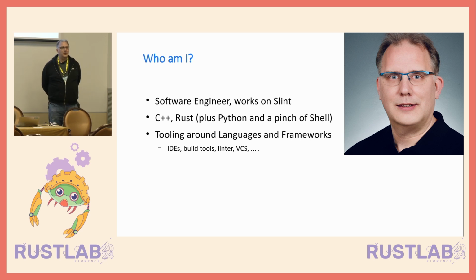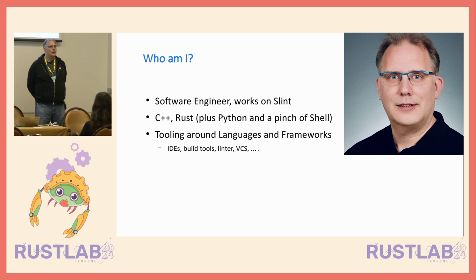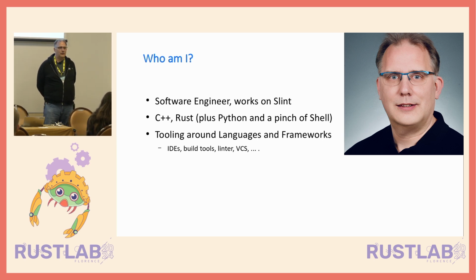I also do a bit of Python and a bit of shell scripting, whatever comes up, the usual thing that you do as a developer. And during my career, I've mostly worked on tooling. So tooling for C++ developers, so IDEs, build systems, build tools, linters, whatever. And that's what I'm still doing today. I'm responsible for the tooling that we have in Slint and try to make that as good as we can.